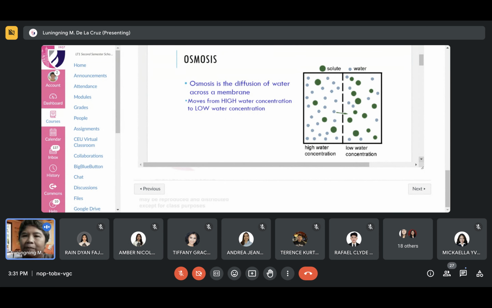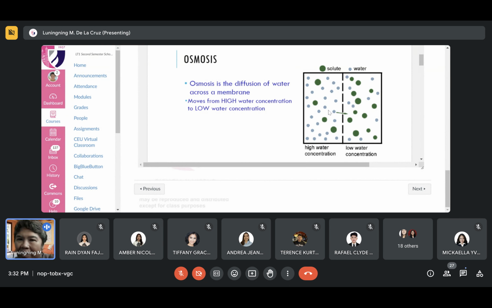So what we need to remember when we talk of osmosis: first, there is a semi-permeable membrane. And secondly, it is the water that is moving from an area of high water concentration to low water concentration.